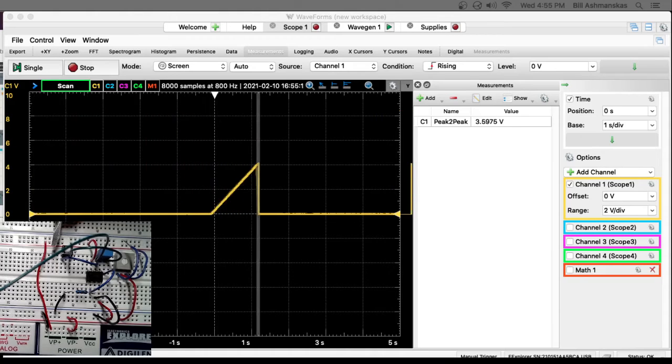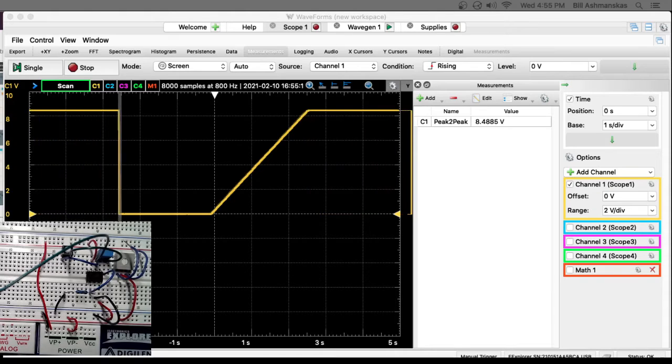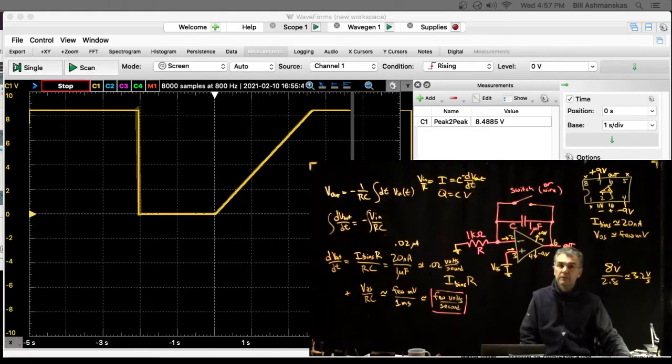There we go. I let go of it, and you can see the slope, let's see if we can measure that. So that gives me 8 volts roughly in about 2.5 seconds, so that's about 3.2 volts per second for a slope. So that's consistent with about a 3 millivolt V offset.